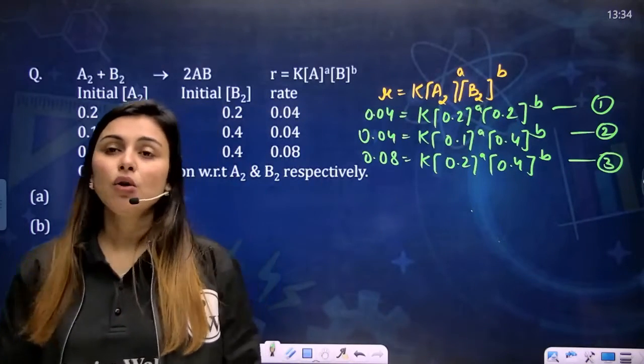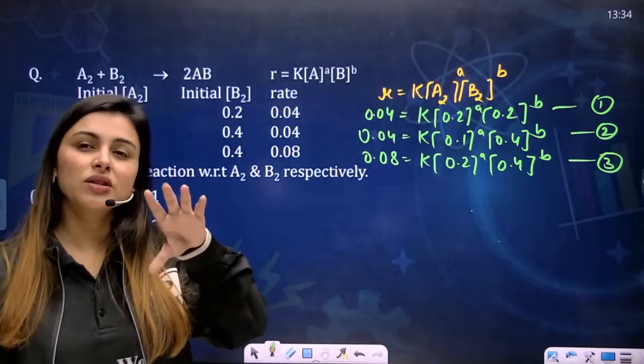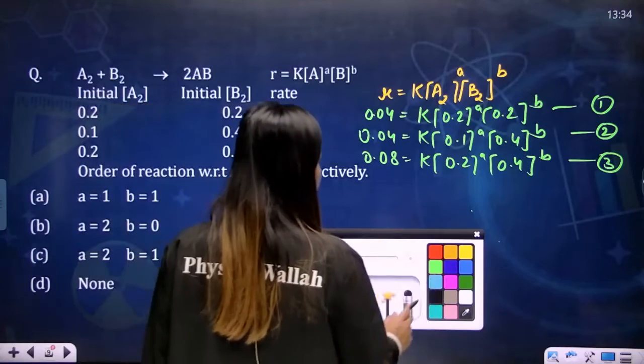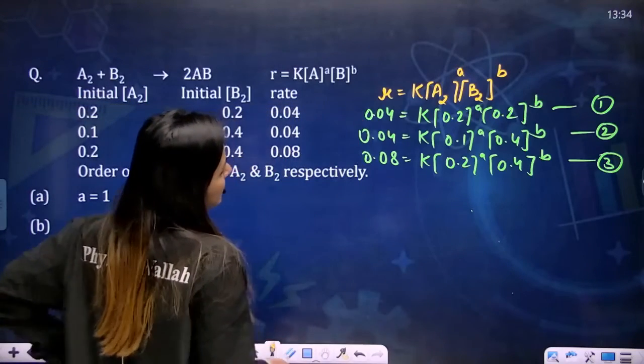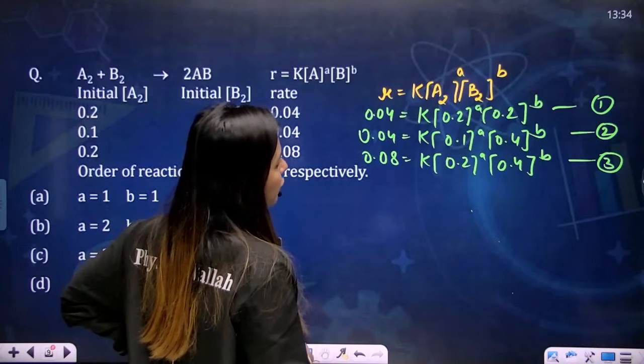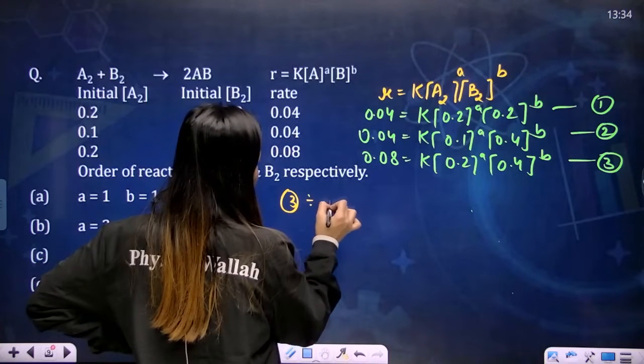Perfect. Now you have to divide. Take such equations where one of the reactants' concentration is equal so that it gets cancelled out. So let's take third and first, and divide the third equation by the first equation.